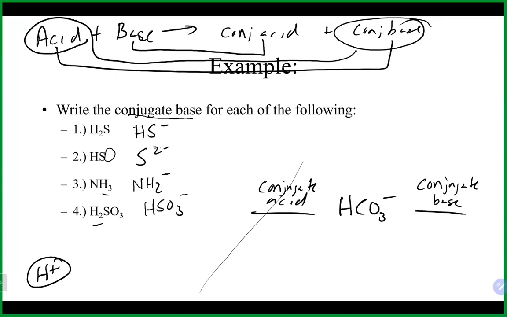All right, so following the same logic here, we got some bicarbonate. And if we're looking for our conjugate base, following back our idea here, we should take off the H plus and end up with CO3 2 minus. Again, the charges do change, so make sure you do not leave them off.